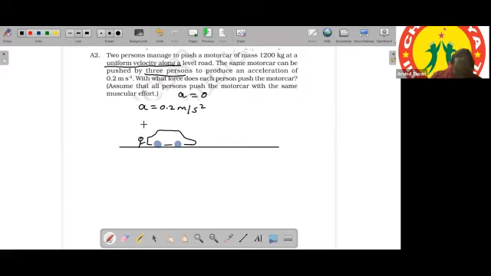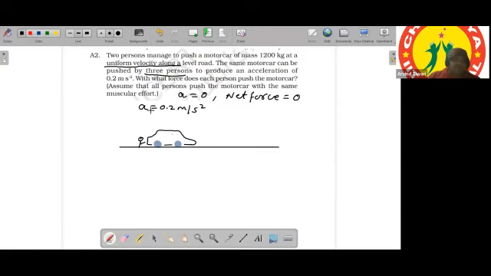Are you getting the difference now? When two people were pushing, the acceleration was zero. You can say here that the net force on the car is zero. The car is moving, but still the net force on the car is zero because when two people are pushing, there is no acceleration. Got at least this much?